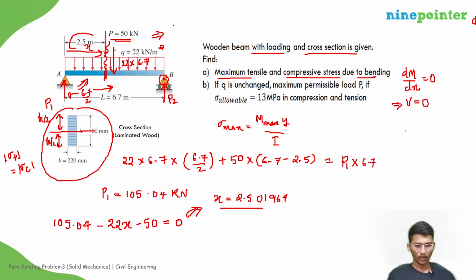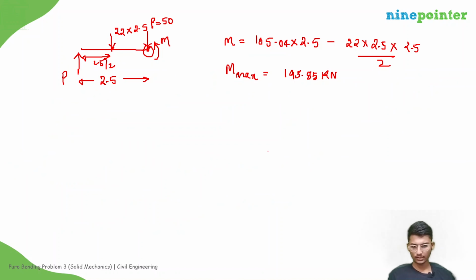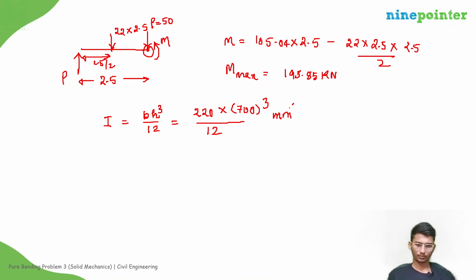So now we need to find out I. So I is bh cubed by 12. So b is 220 into h cubed, 700 whole cubed divided by 12 mm to the power 4.